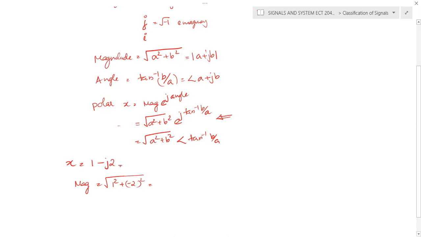That is very important, because you need to write 1 plus j times minus 2. So we get 1 plus 4, which becomes root 5. And the angle is equal to tan inverse b by a. Here b is equal to minus 2. It's very important, don't forget to write the minus sign. So minus 2 by 1, which you can write as tan inverse minus 2.